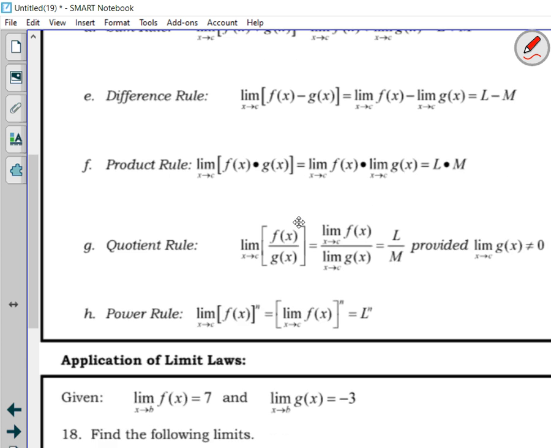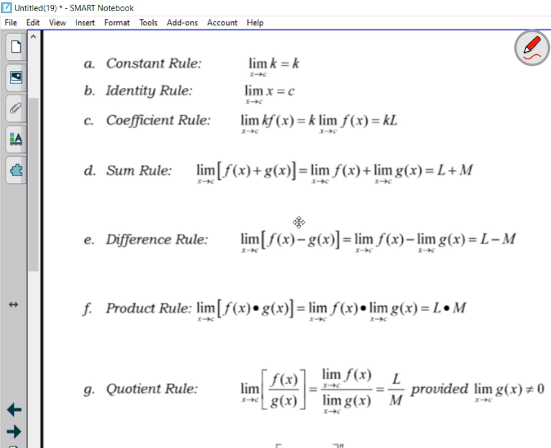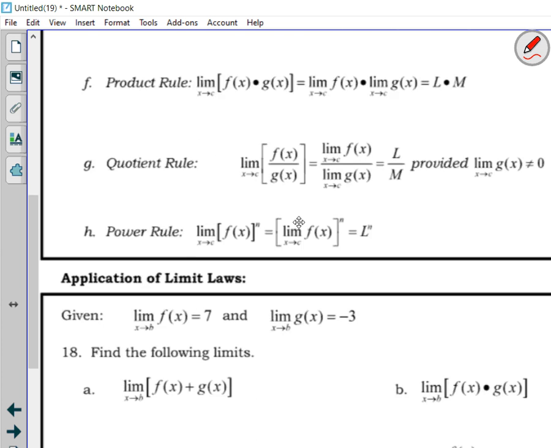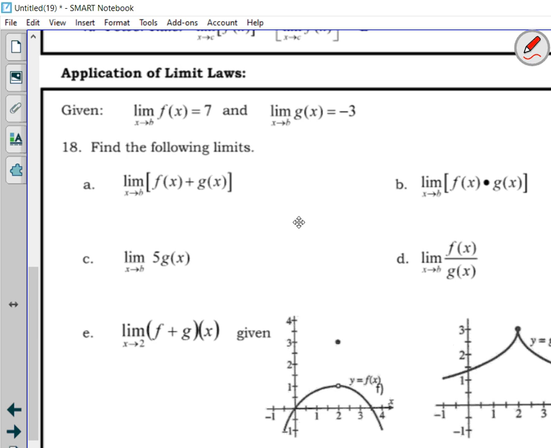Where you have to make sure you know them and that they work is when you have things that are a little less exact. Like, for example, let's say I give you, as we have here, information about two limits of two different functions as x approaches the same number, in this case b.